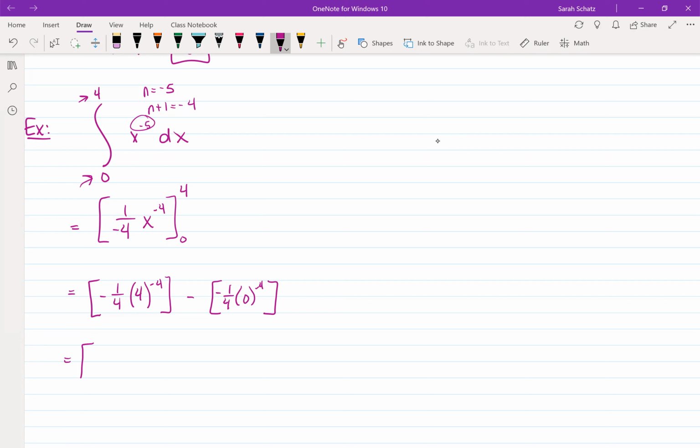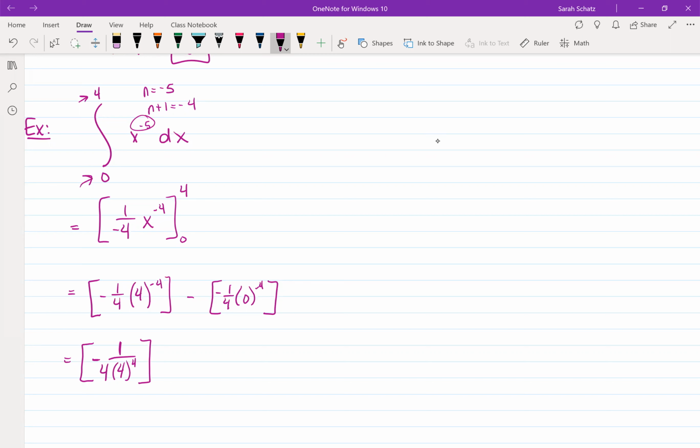You guys, here, how do I take a number to a negative power? Remember, you can bring that down across the fraction bar and the power becomes positive. So 4 to the -4 is actually, I'm going to stick that 4 on the bottom. There's already this 4 on the bottom, so I can write this on the bottom as 4 to the +4.